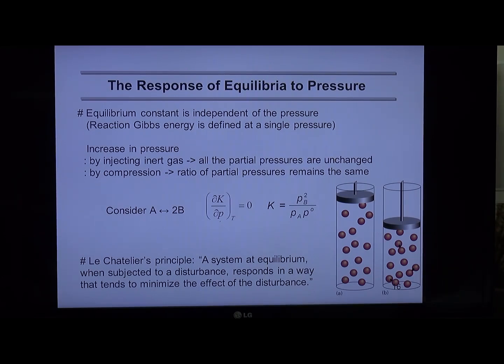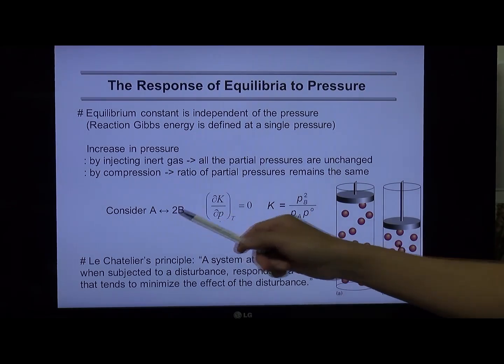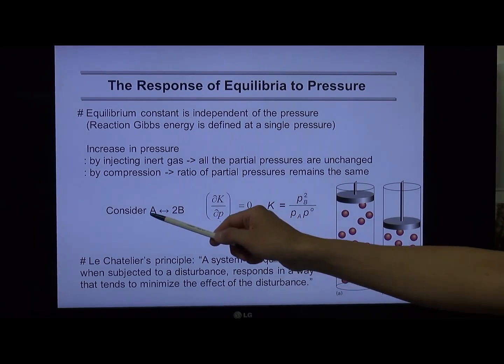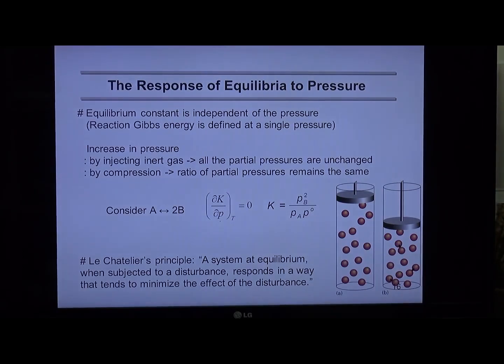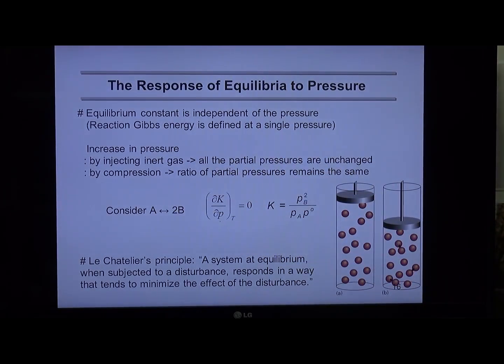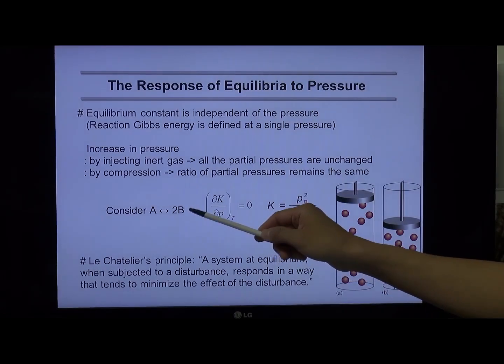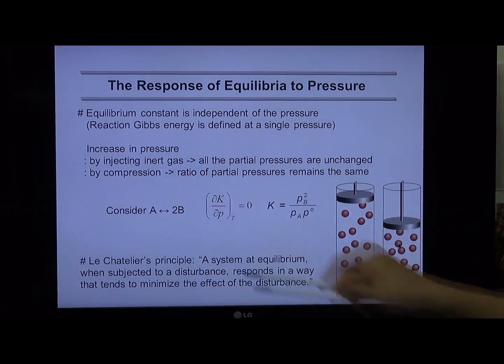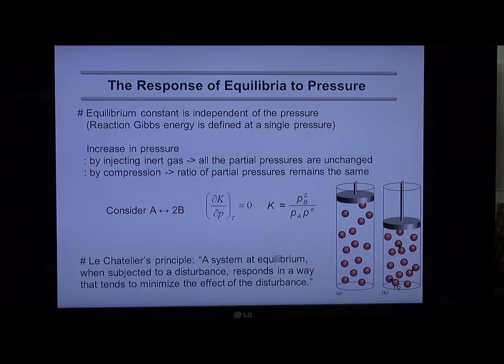For example, let's consider this chemical reaction. The reactant is A, the product is 2B, and both of them are gases. Let's express the chemical equilibrium constant K for this reaction.